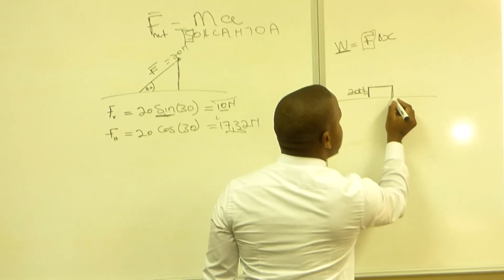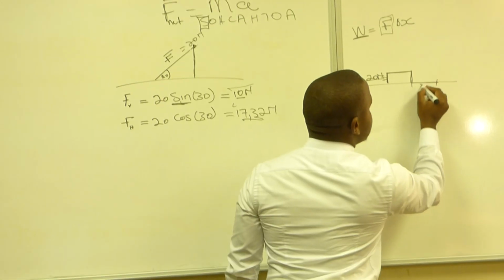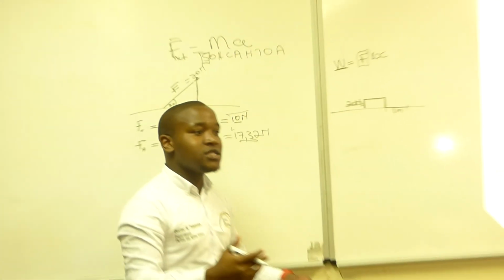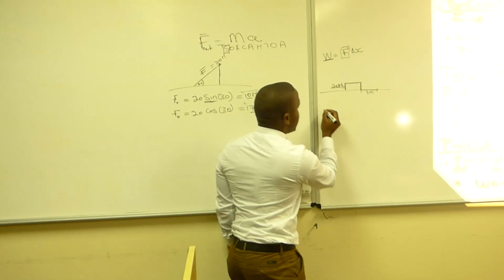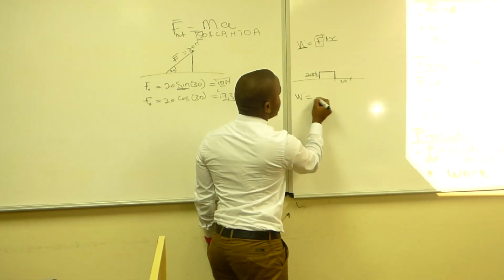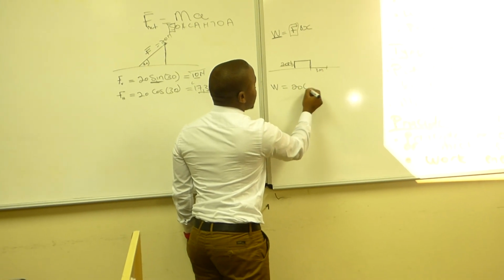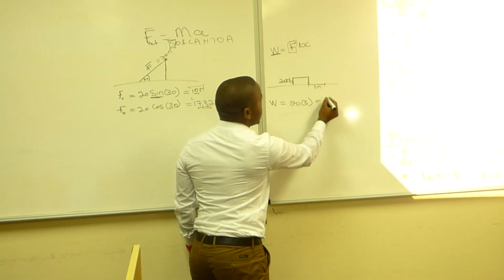Now, the distance that is being traveled by the box is 3 meters. And the question is, calculate the work done. The work done in this case will be work equals 20 times 3, which is 60.